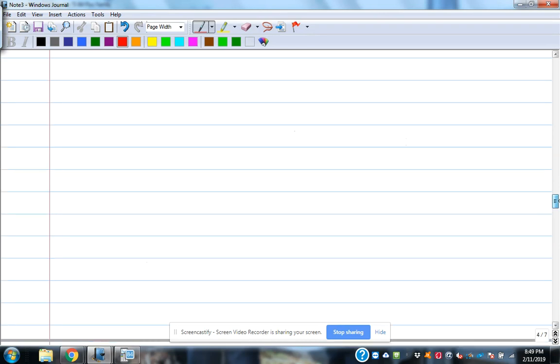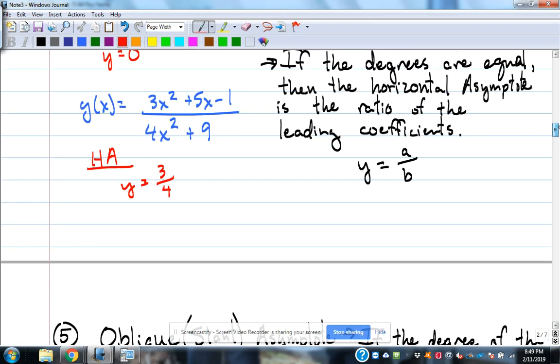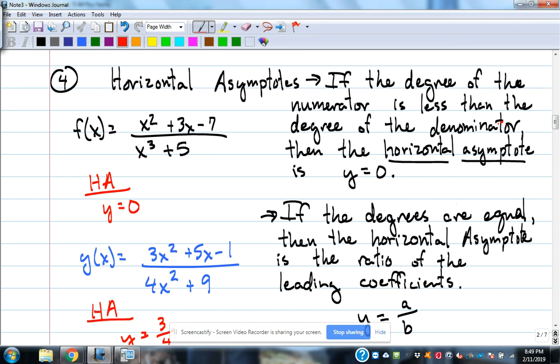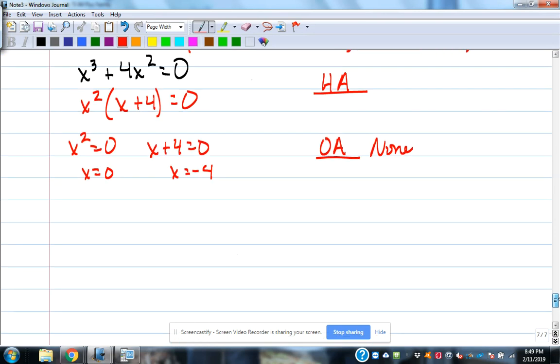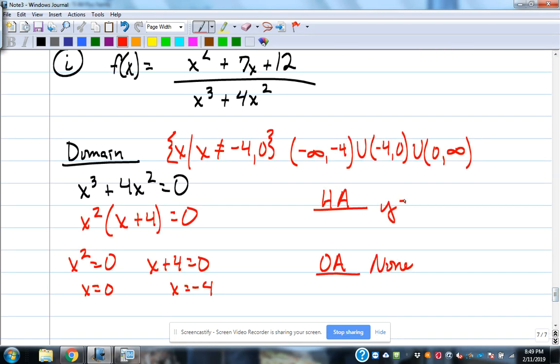The rule: if the degree of the numerator is less than the degree of the denominator, the horizontal asymptote is at y equals 0. So it's at y equals 0. Now, gotta do vertical asymptotes. We don't have an oblique. We have a horizontal. We've got verticals somehow.